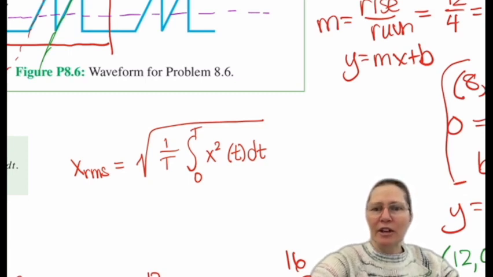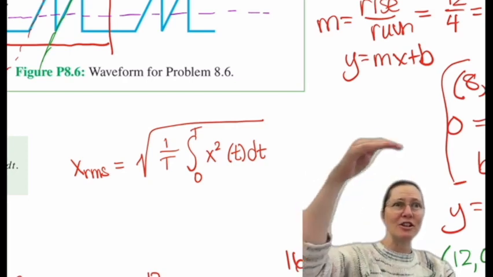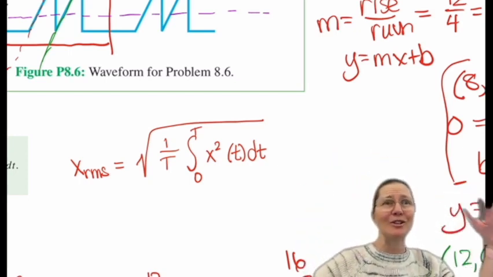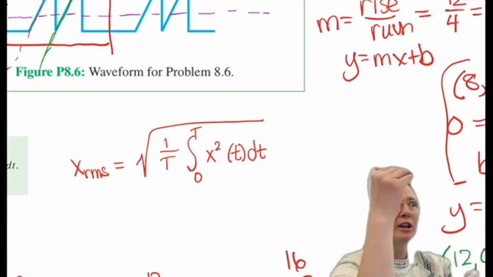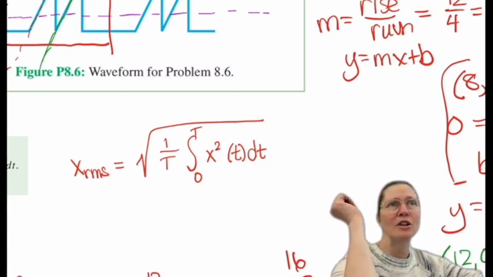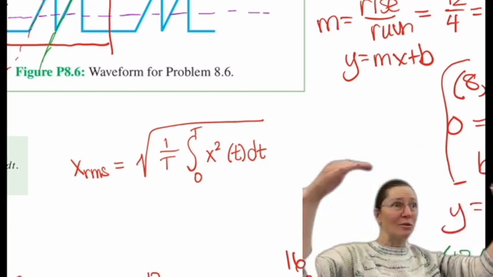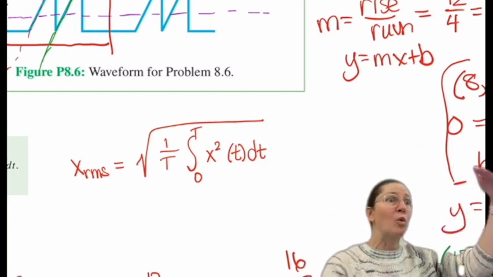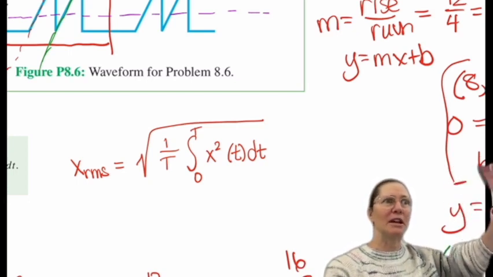Oscilloscopes will now do the root mean square, so you can have a chaotic signal where you don't see exactly where the periodicity is, and it will calculate a root mean square for you. That gives you an average value of your signal. If you have a lot of noise and the root mean square is 1, that's quite a bit of noise.